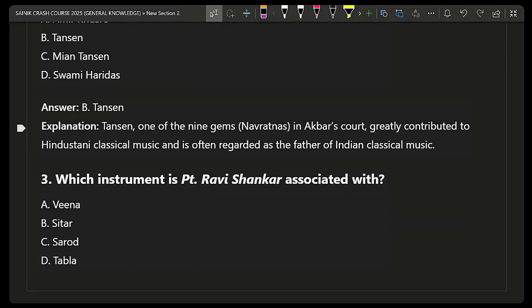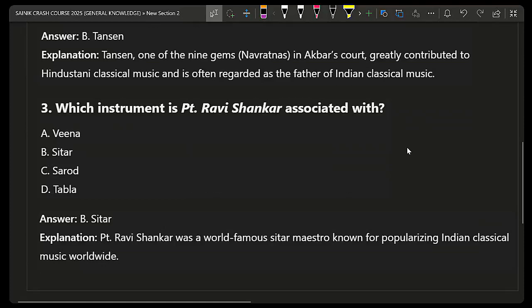Five seconds left, and time up. The majority of the class, seven students, gave the correct answer, that is sitar. Pandit Ravi Shankar was a world famous sitar maestro known for popularizing Indian classical music worldwide. So he made Indian music popular worldwide.